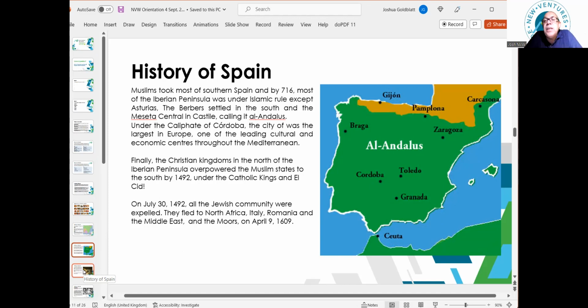This is important today because in Spain, people still do not accept the Muslim heritage. Okay, we'll talk about racism later, but people are ignorant in general. They do not understand the importance of the presence of the Moors.